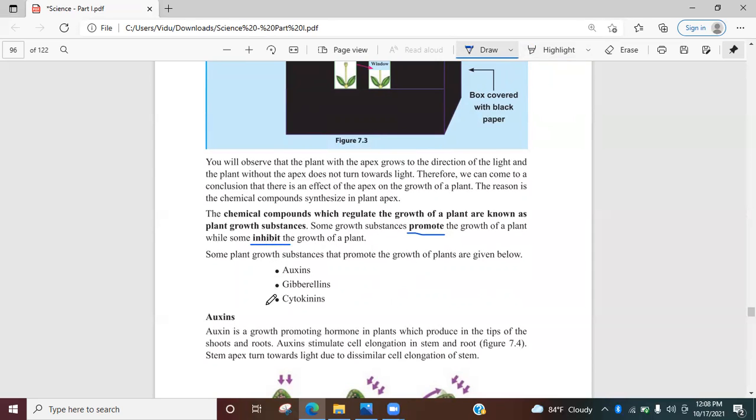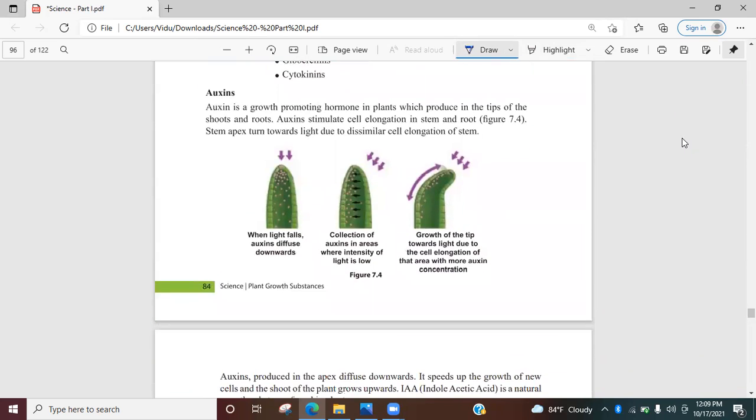Now here you can see the plant growth substances that promote the growth of plants. First, auxins, gibberellins, cytokinins. Let's discuss these plant growth substances one by one. Auxins.